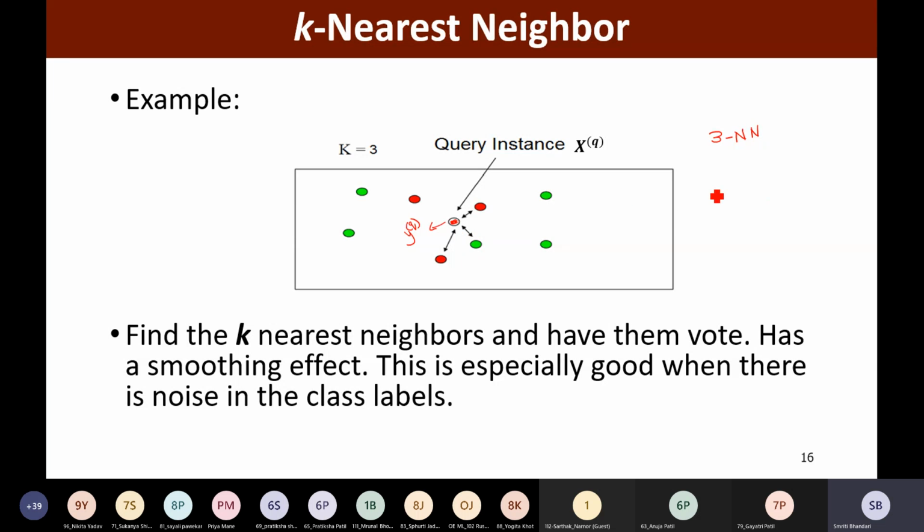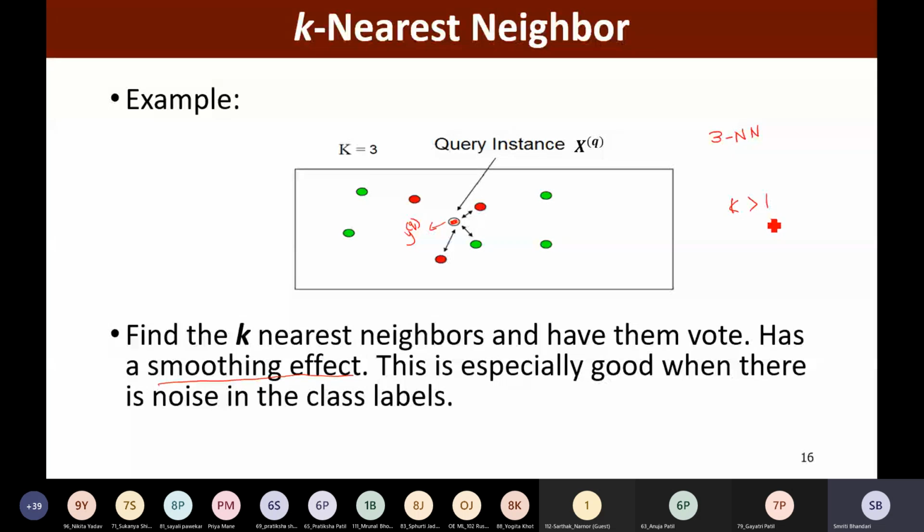We typically use a K value that is greater than 1 because it provides us a smoothing effect. What do we mean by that? Typically, a value of K greater than 1 is good when there is noise in the class labels.